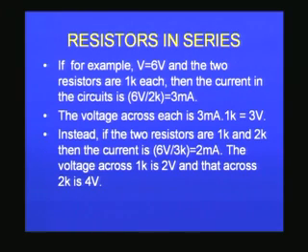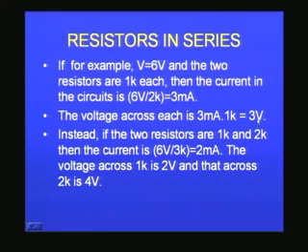The current is 3 milliamperes and the resistance is 1 K. So, I should multiply 3 into 10 power minus 3 ampere by 1000, and 1000 is nothing but 1 into 10 to power 3, and therefore you can see the 10 power 3 and the 10 power minus 3 will cancel, and I will be left with 1 into 3, which is 3 volts. So the voltage across the resistor R1, which is 1000 ohm, is 3 volts.